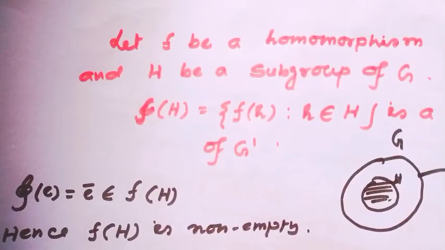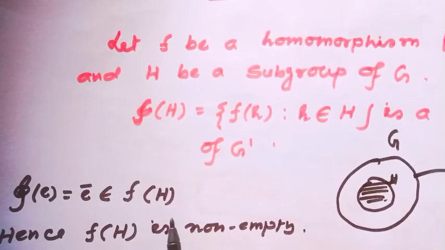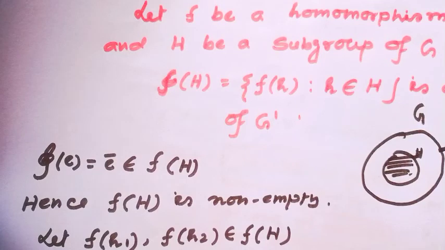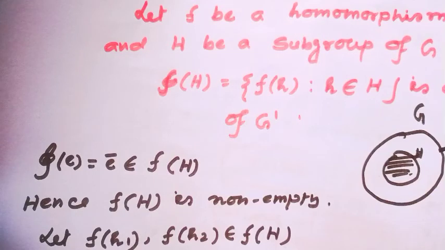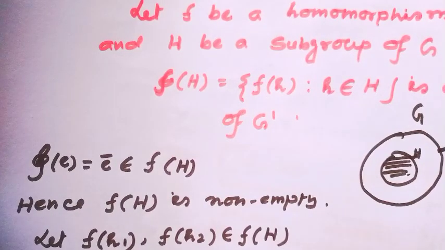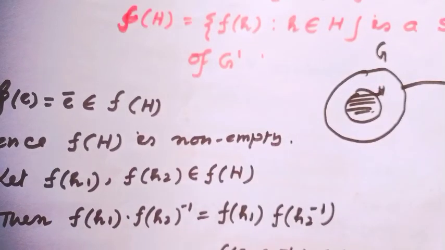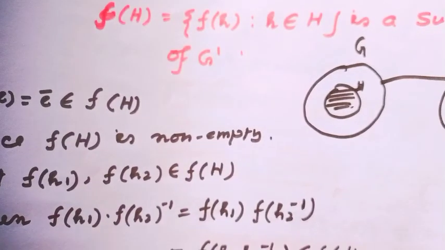Let's see the proof. We all know by homomorphism f of e equals e bar, which is a member of f of A. Hence, f of A is non-empty. Now, consider f of a1 and f of a2 to be two members of f of A. Then what would be f of a1 times f of a2 inverse? We all know in homomorphism inverse maps to inverse.